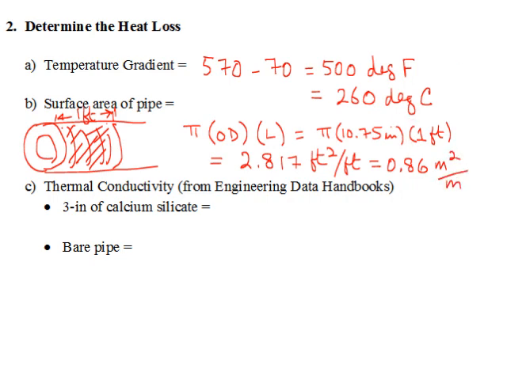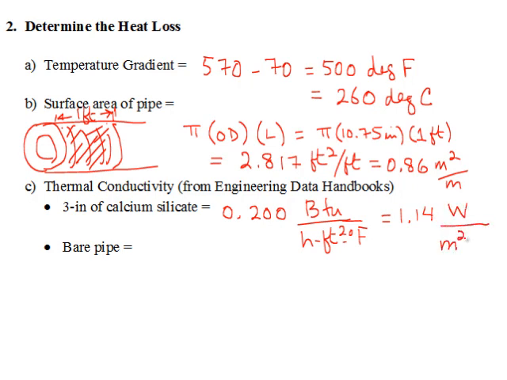We next refer to engineering data handbooks and find that the thermal conductivity for calcium silicate 3-inch thick is 0.200 BTUs per hour per square foot per degree Fahrenheit. In the metric system, the equivalent is 1.14 watts per square meter per degrees Celsius.